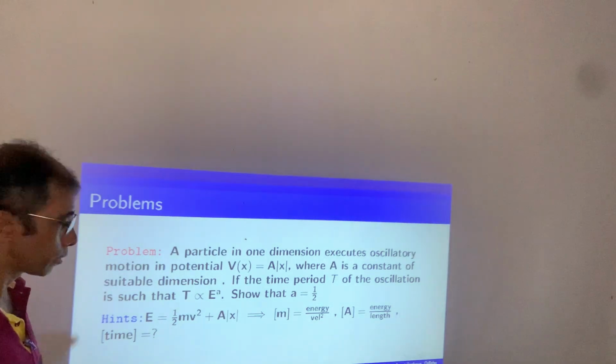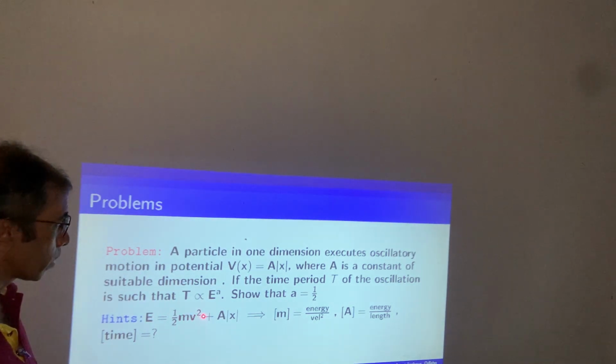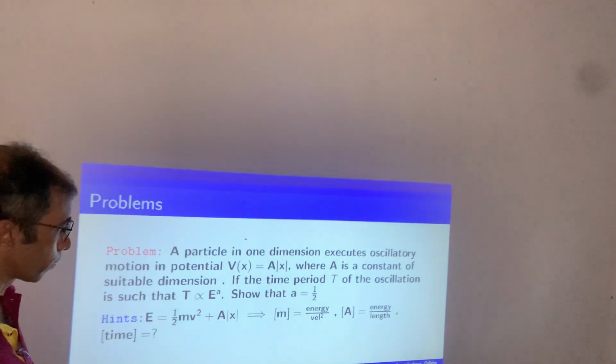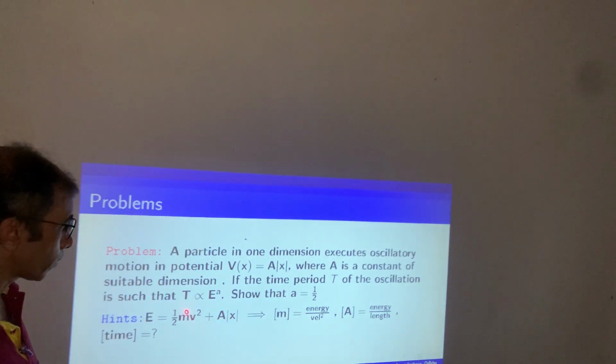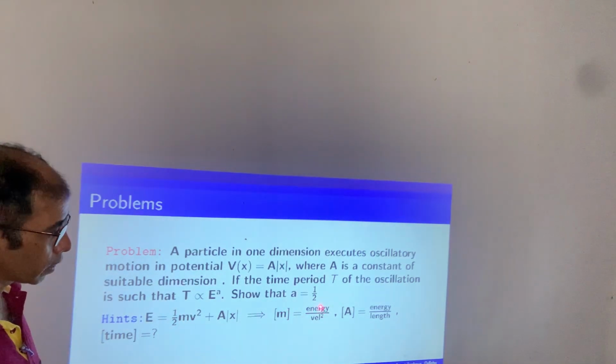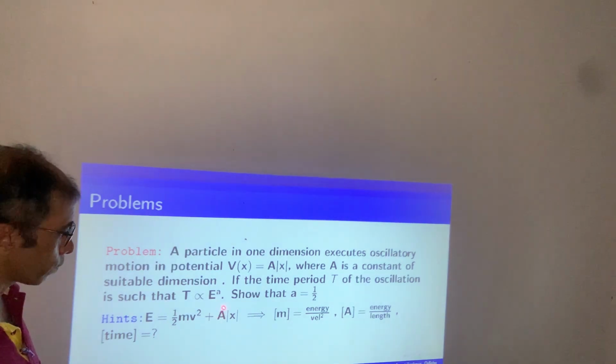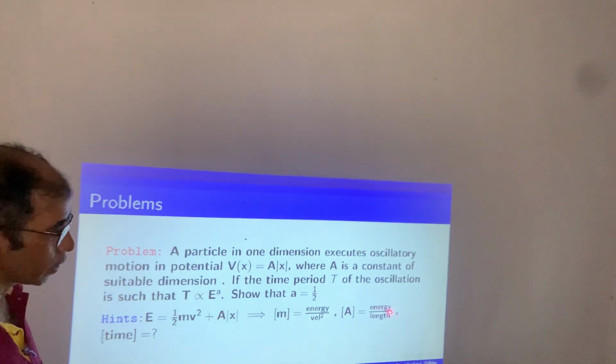There is a simple trick. Total energy is half m v square plus A x. So from here I can find out the dimension of m in terms of energy. So dimension of mass will be energy by velocity square, and dimension of A will be energy by length.